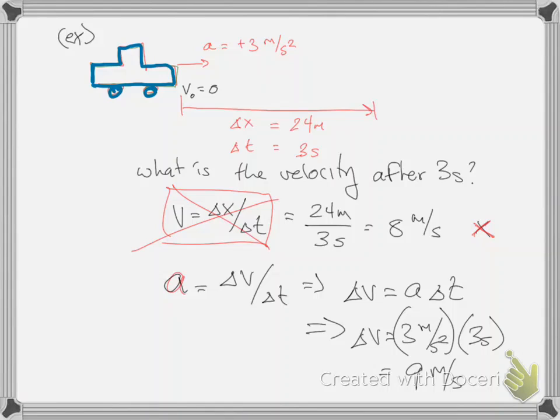Delta v equals v final minus v initial. I wrote v initial as v0. And so 9 meters per second equals v final minus v initial, which is 0. So therefore, v final equals 9 meters per second. Okay, so the final velocity is 9 meters per second, not 8 meters per second.